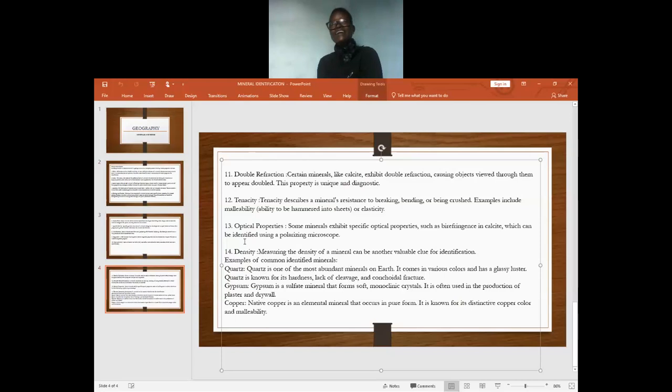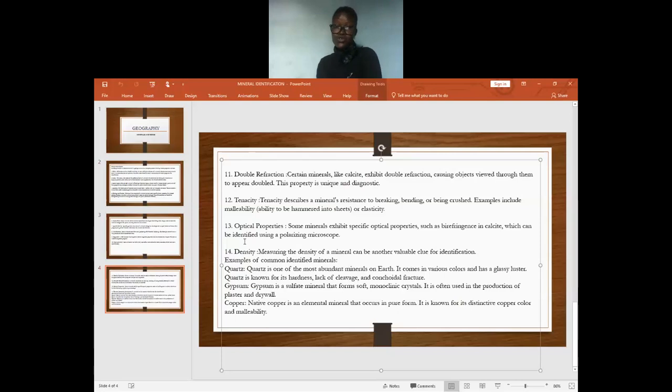It's often used in the production of plaster and drywall. Copper is a native element mineral that occurs in a pure form. It is known for its distinctive copper color and malleability. Malleability means copper can be hammered into sheets.